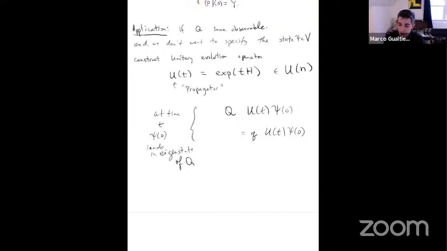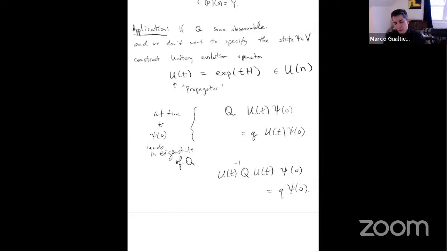But you can see that this doesn't necessarily require the understanding of the state evolution in time, because you could just conjugate by U of t, and this would give Q psi naught.